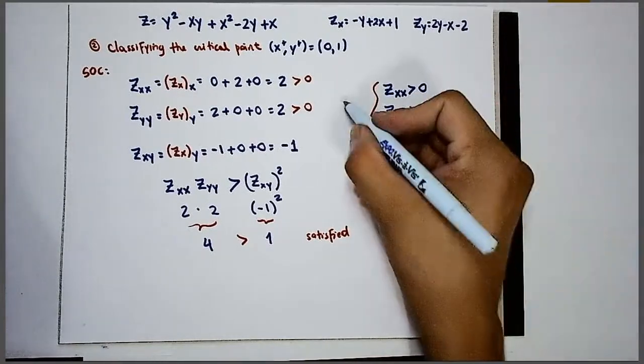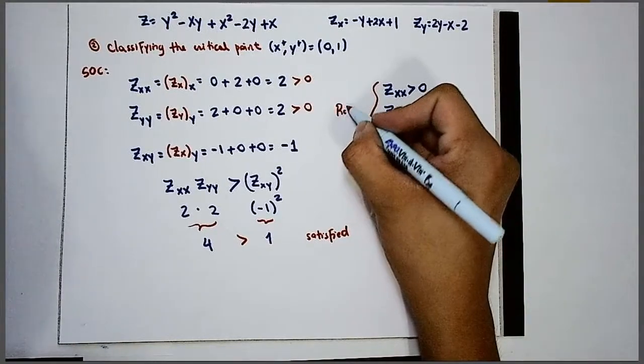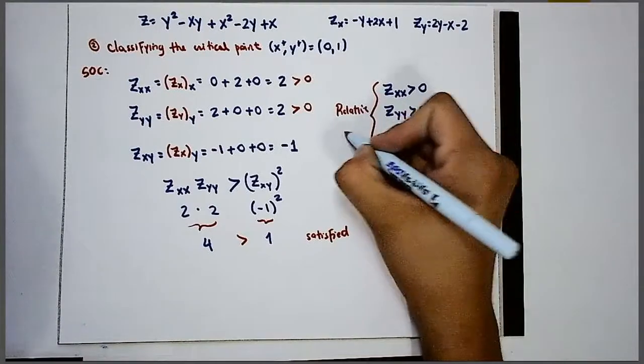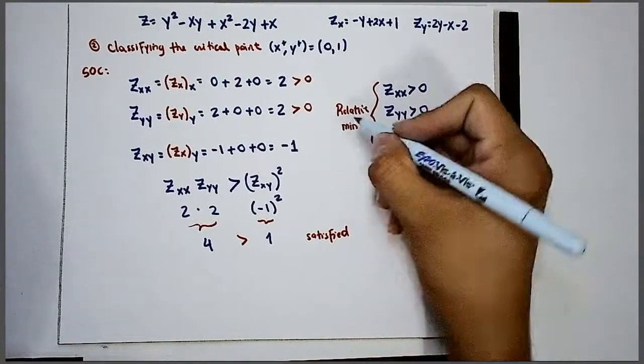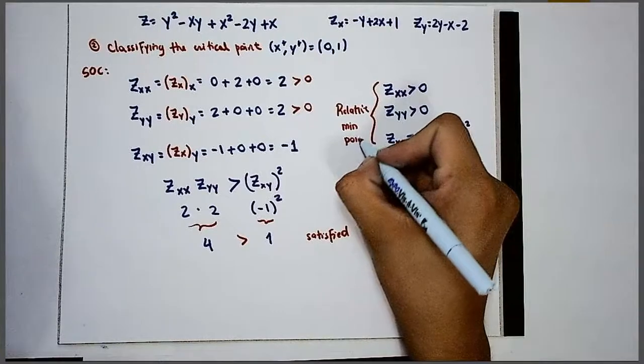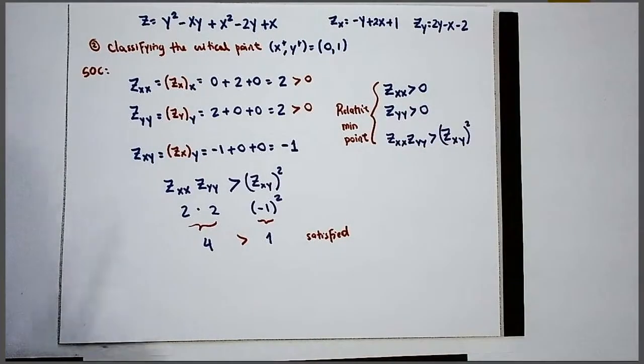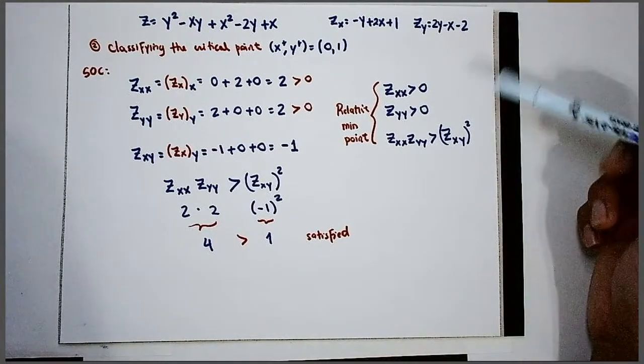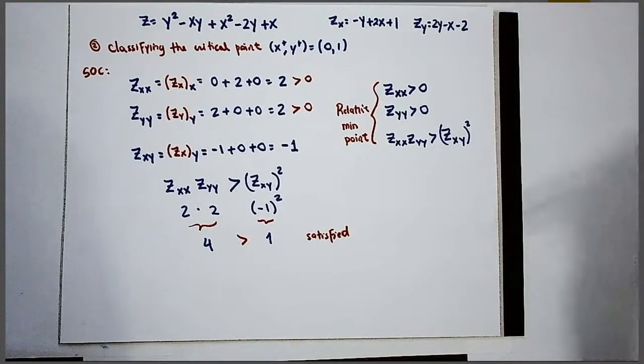This means that this is a relative minimum point. Which can also be interpreted as being a convex point.